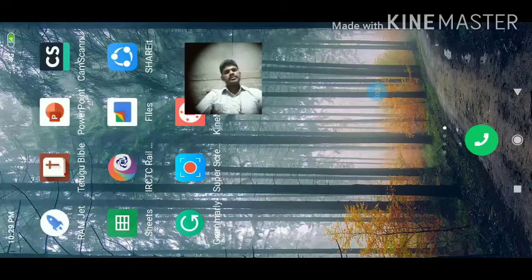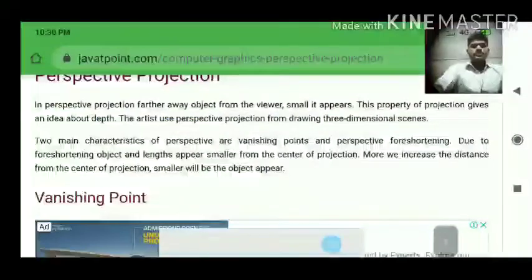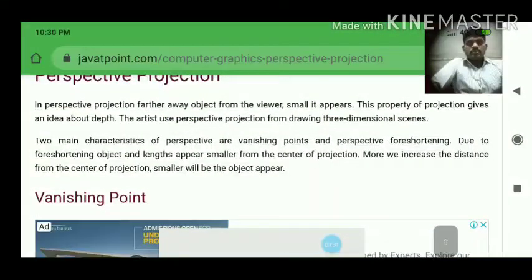We will see vanishing points in this video. I want to discuss the definition of perspective projections again. I want to explain perspective projections for more clarification. Look here.